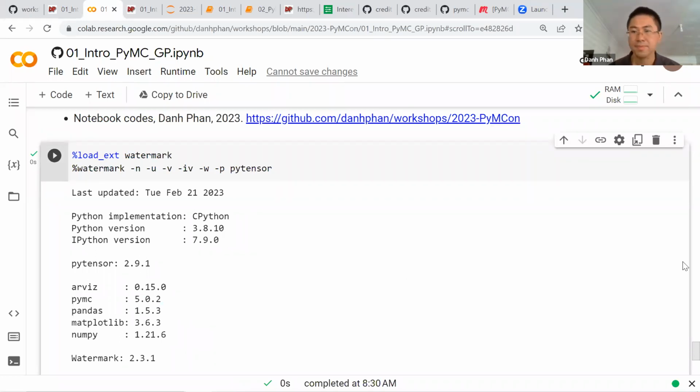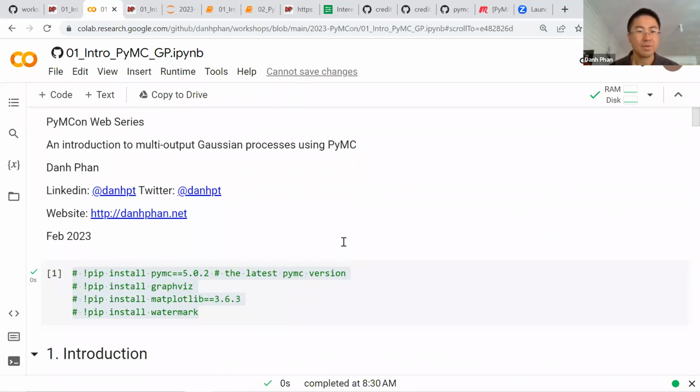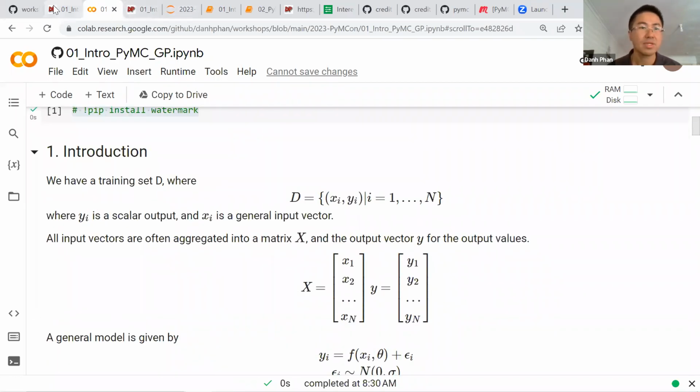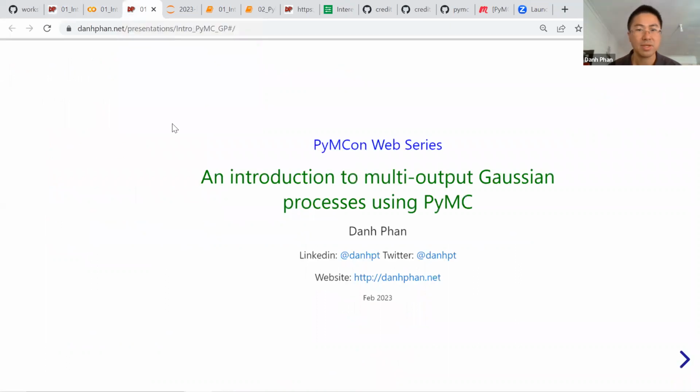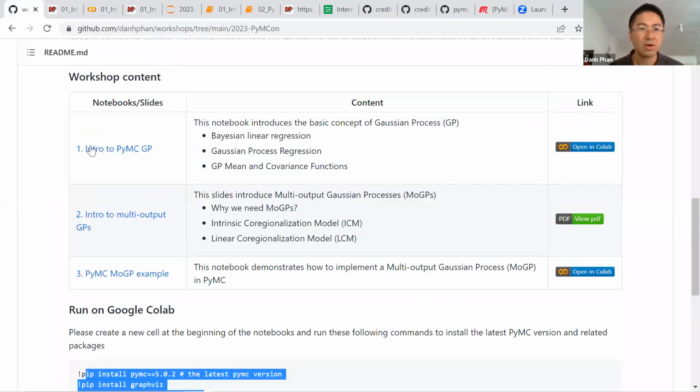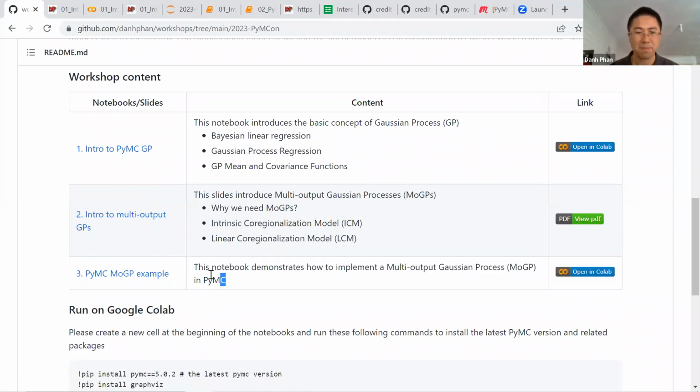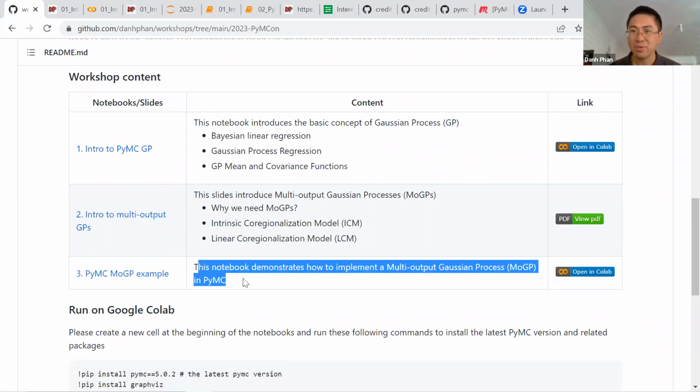All right. This notebook I converted into a slide, so I will be using that slide for this. Let's start with the first section on intro to PyMC GP. Another note here: the second part is just a slide, and the third part is a notebook that runs a little bit slowly on Google Colab.